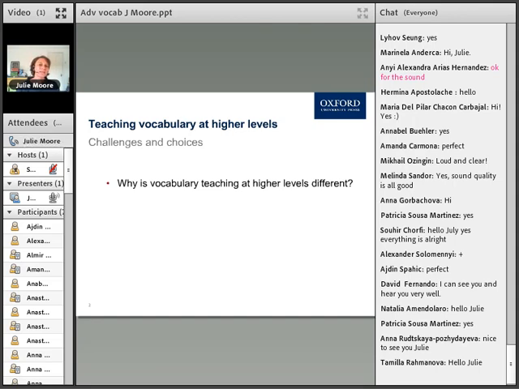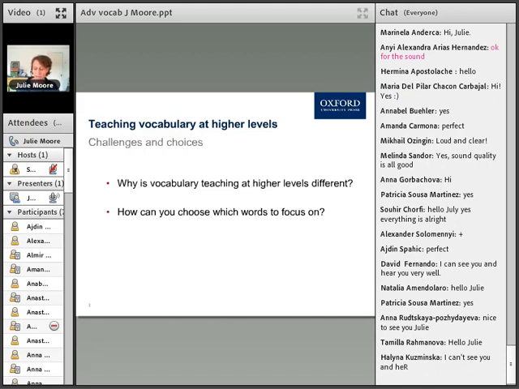So I'm going to start off by looking at the question of why teaching English vocabulary at higher levels is different from teaching English vocabulary to beginners. I think that there's quite a big difference between teaching vocabulary at beginner level, at intermediate and advanced. So we'll have a look into that.